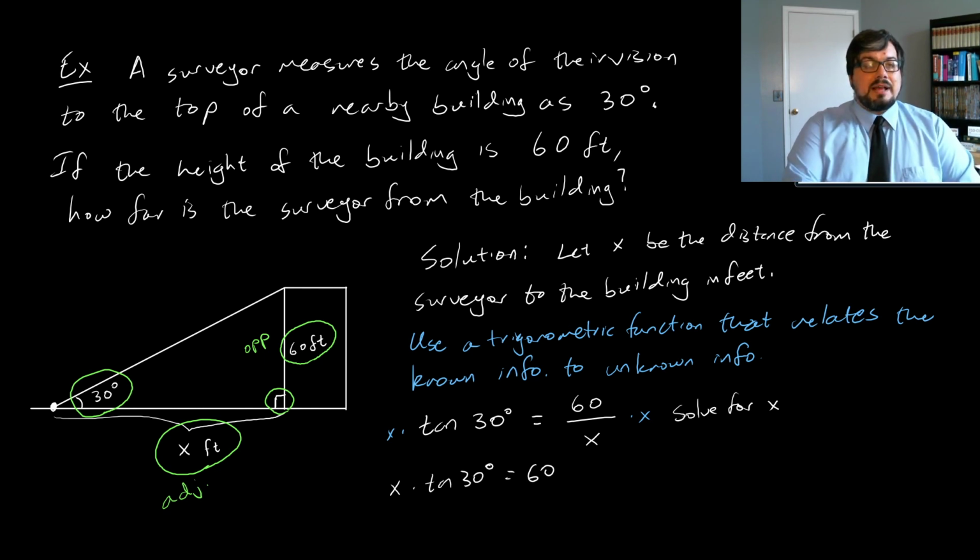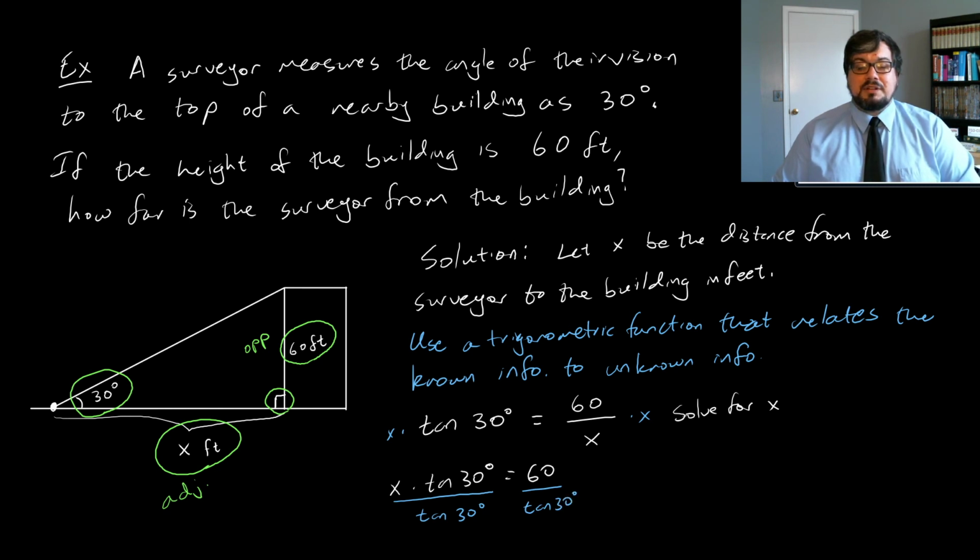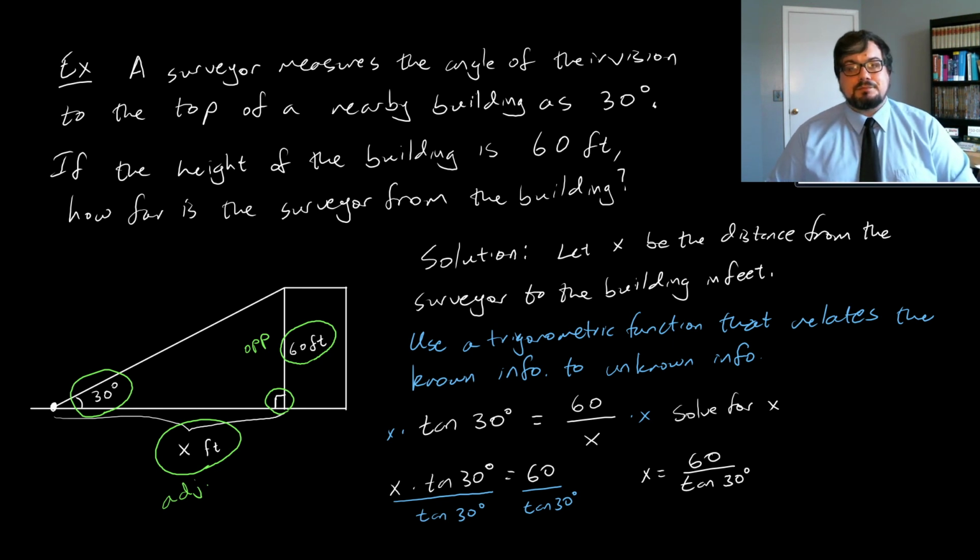To get x by itself, we'll divide both sides by tangent of 30 degrees. Remember that tangent of 30 degrees or sine of 15 degrees or any of those are just a number, which means you can multiply and divide them away just like any other quantity. So what we get is that x is equal to 60 over tangent of 30 degrees.